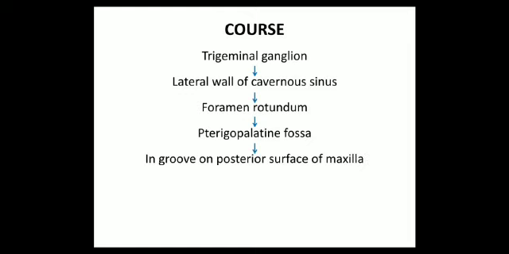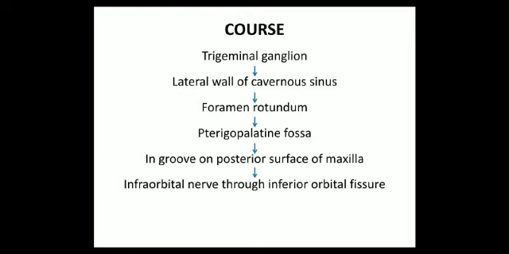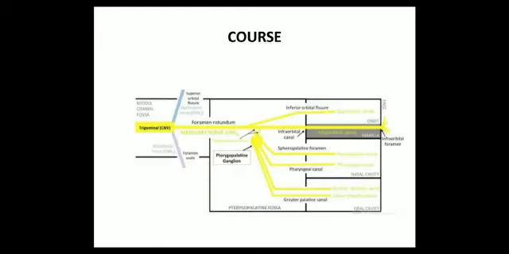From there it enters the groove on the posterior surface of the maxilla and passes through the inferior orbital fissure. Once it passes through the inferior orbital fissure, it is named the infraorbital nerve. The infraorbital nerve is the continuation of the maxillary nerve. Finally, it enters the face through the infraorbital foramen.